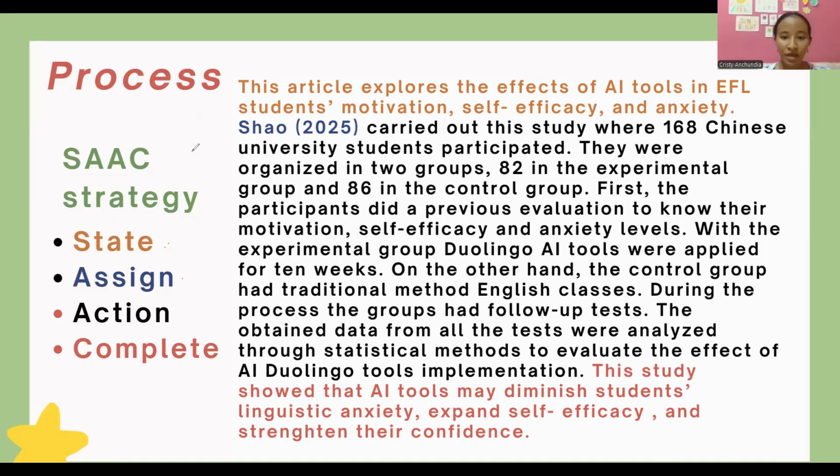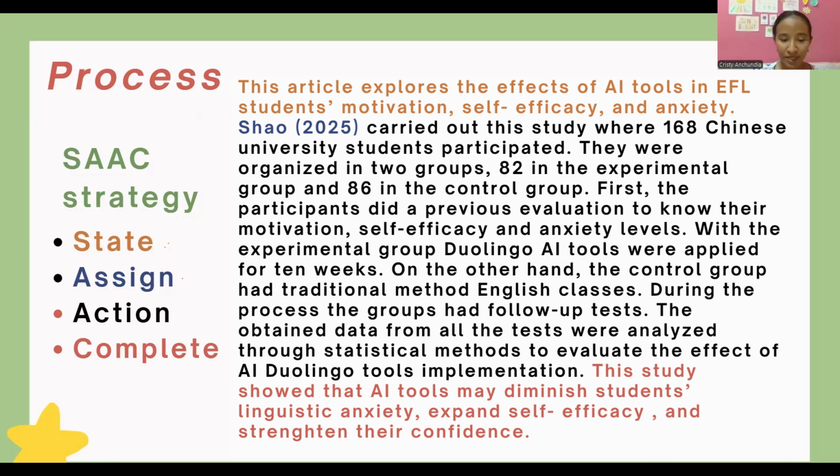In this case, he carried out this study where 168 Chinese university students participated. They were organized into groups, 82 in the experimental group, and 86 in the control group.